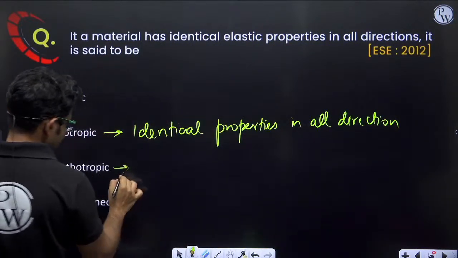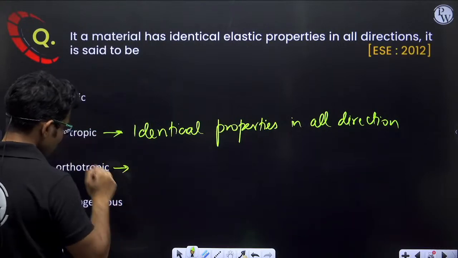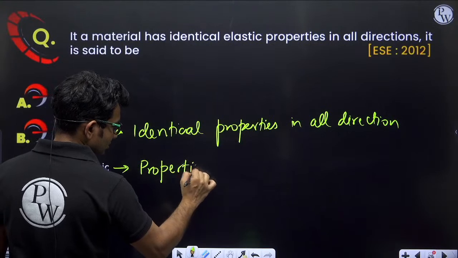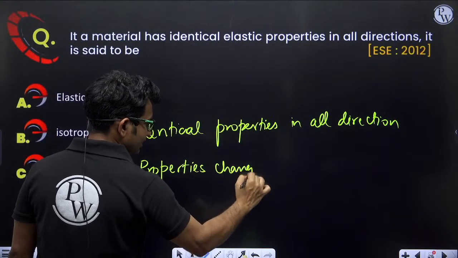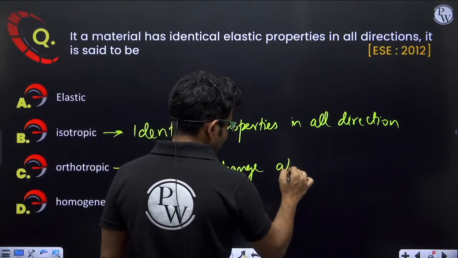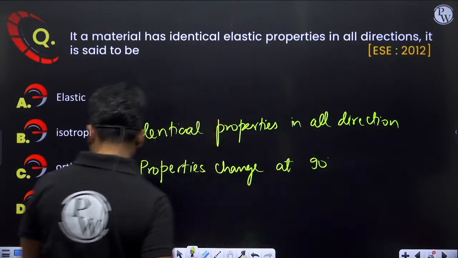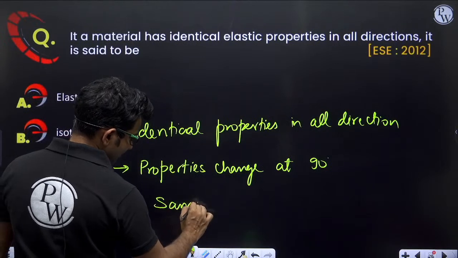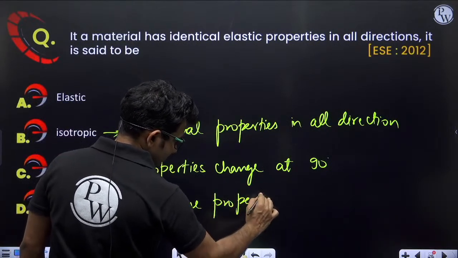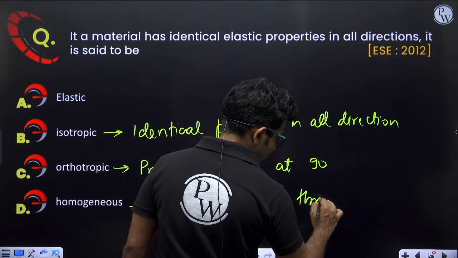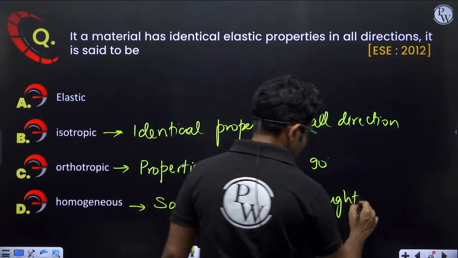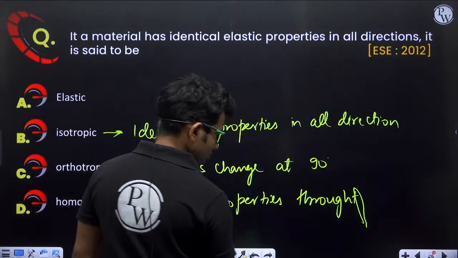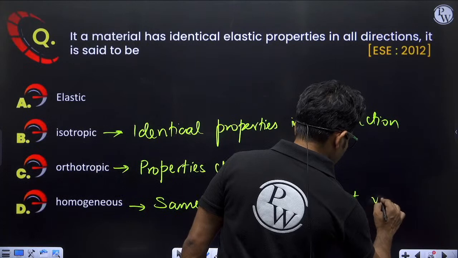Orthotropic means properties change, different properties at a 90-degree angle. Homogeneous means same properties throughout the volume.